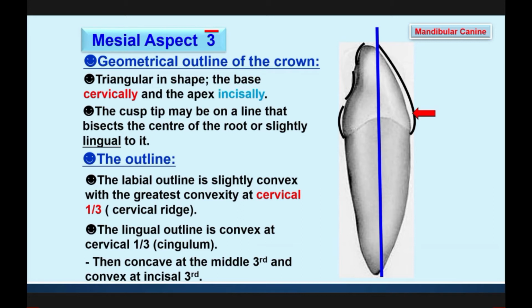But in the case of the mandibular canine, it looks like an incisor. Why? Because the lingual ridge is not that prominent and it is incomplete. So from the proximal side it is seen like an incisor tooth: convex, concave, convex.